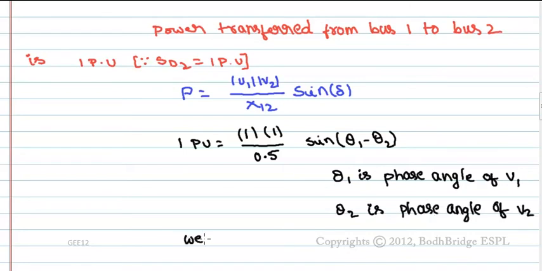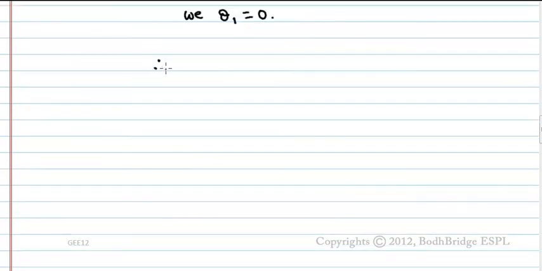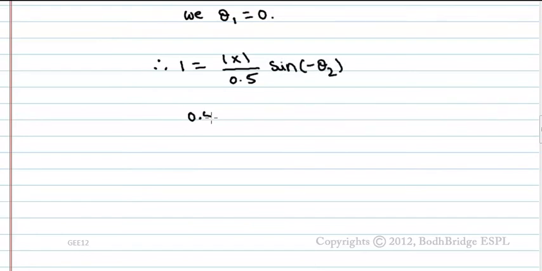We know theta 1 equals 0. Therefore 1 equals 1 into 1 by 0.5 sin of minus theta 2. 0.5 equals sin minus theta 2. That implies theta 2 equals minus 30 degrees.